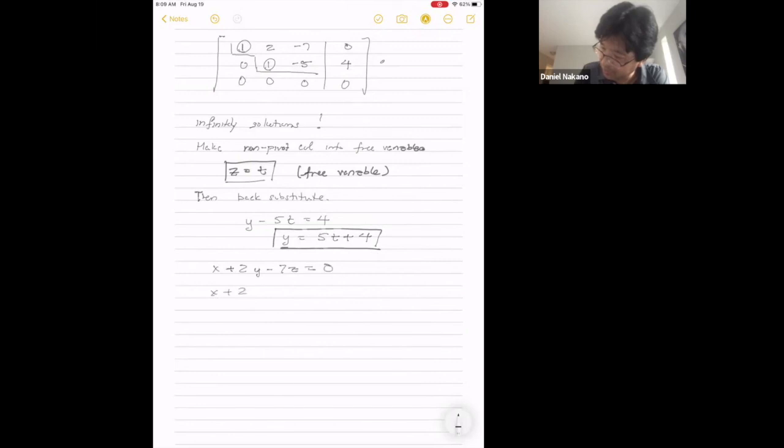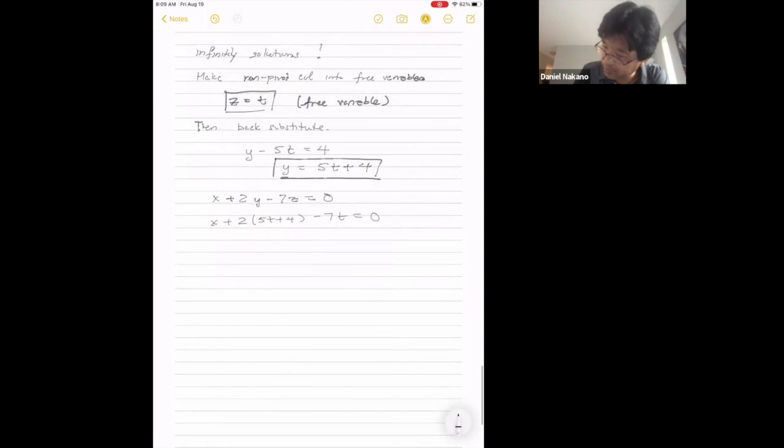So x plus 2 times, substituting the y, 5t plus 4, minus 7 times t is 0. Okay, so that means x plus 10t plus 8 minus 7t is equal to 0. When you simplify, I should get minus 3t, and minus 8.